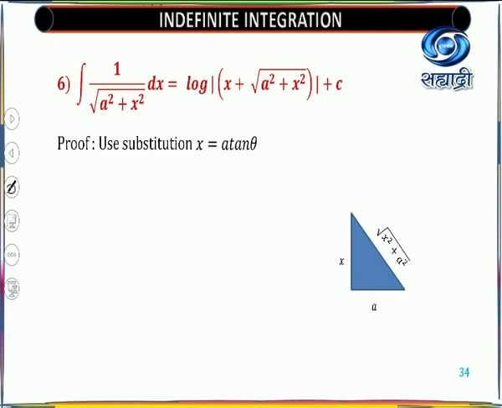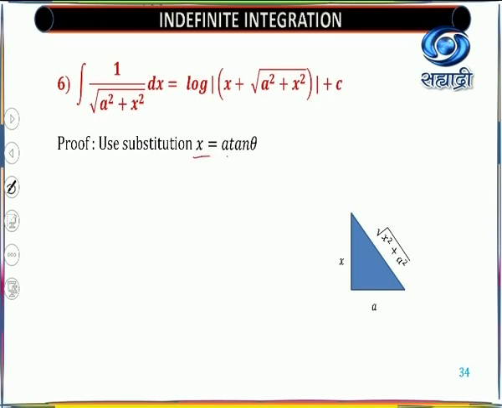Use the substitution x equal to a tan theta. These standard substitutions were already given in the previous lecture. So here x equal to a tan theta means first you need to simplify your denominator.